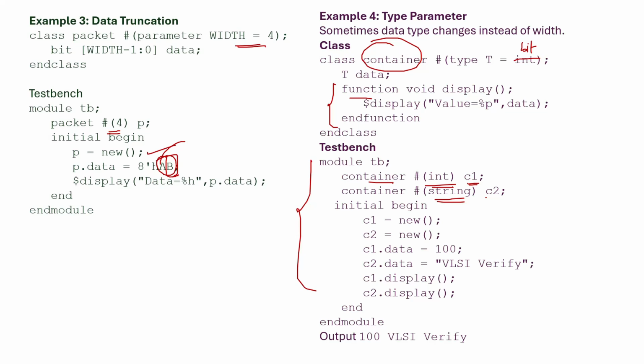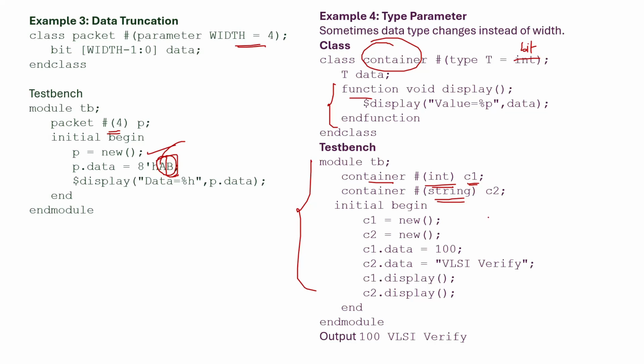Same class, I will create multiple objects, right? One object with integer data type, another object string data type, another object byte data type, another object logic data type, another object enum. In this way, I will implement all the data types for the same class. That is the reason we are going for the type parameter.